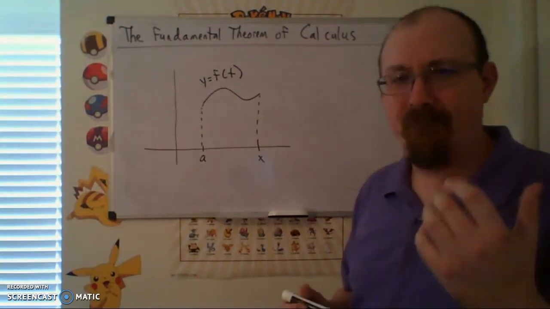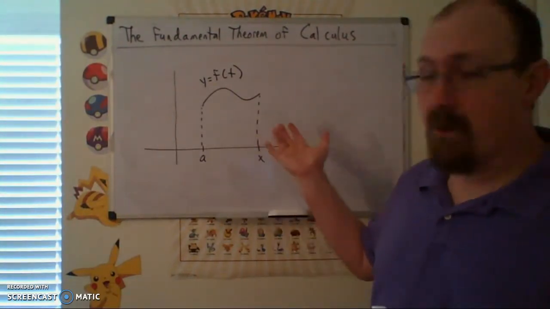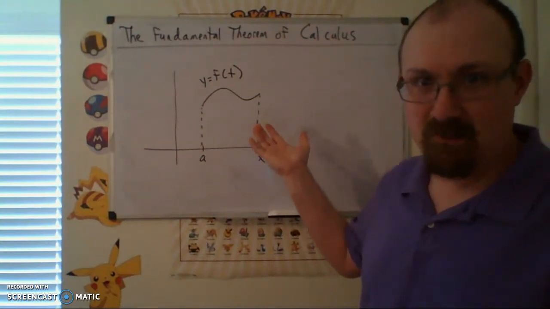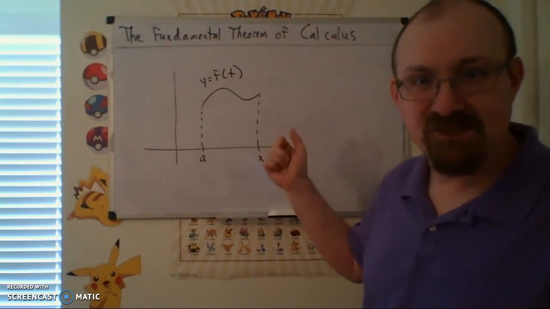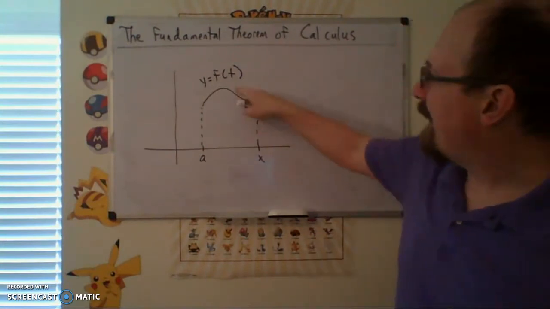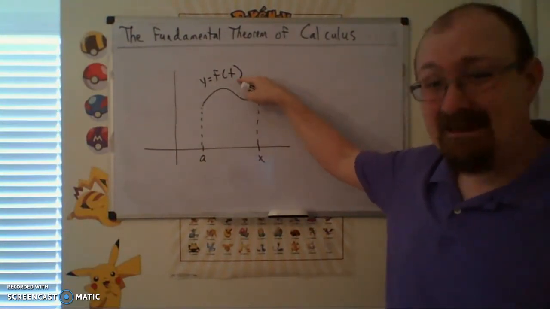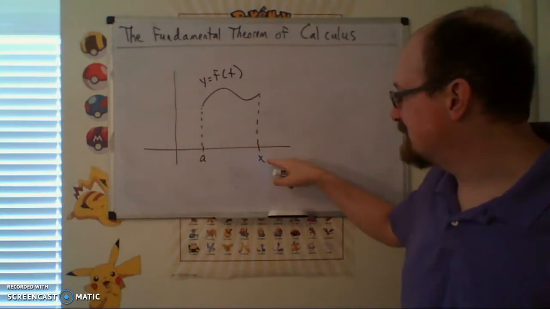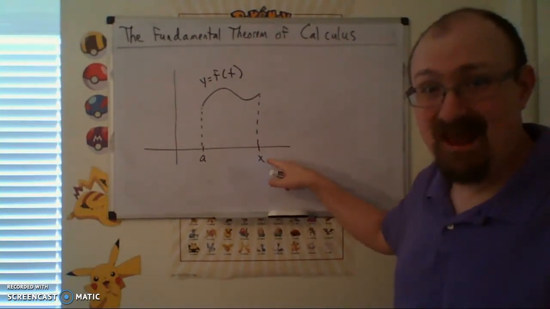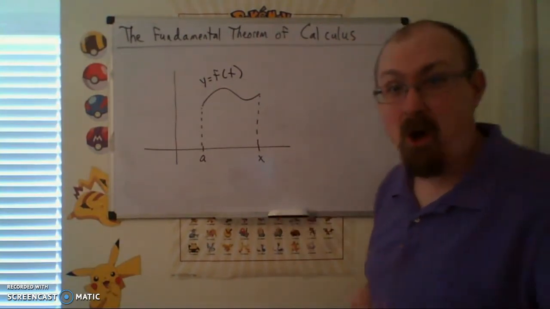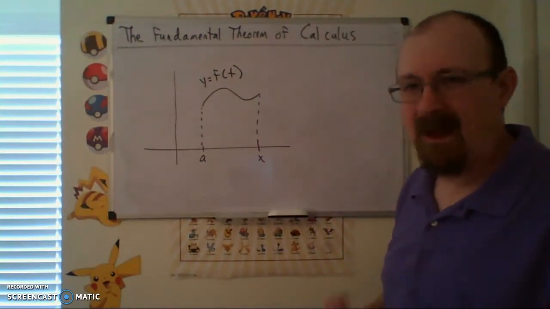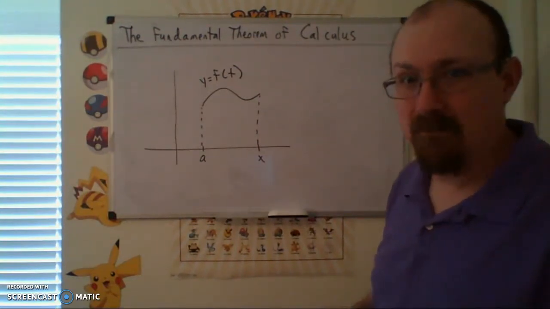So before we talk about that, you'll notice I've drawn a picture here of my nearly famous, generic mathematician curve. So I've got a graph of y equals f of t. That's not a mistake. You'll notice instead of having my horizontal axis be the x variable, x is like a tick mark on the horizontal axis. So I introduced what you might call a dummy variable, t.